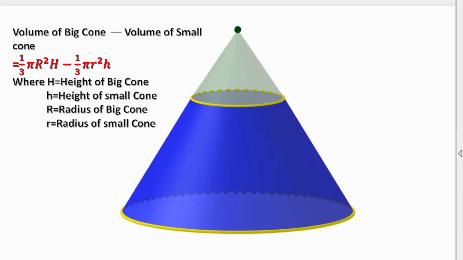We are also going to look at the radius of the big cone and the radius of the small cone. So to obtain the volume of the frustum, we do the volume of the big cone minus the volume of the small cone. What we have left will be the volume of the frustum.